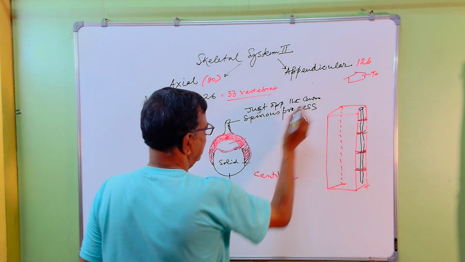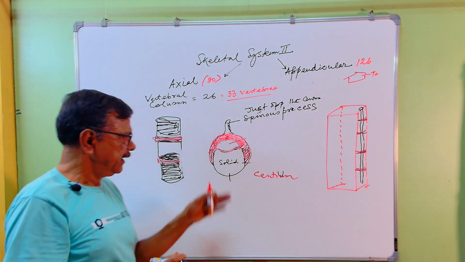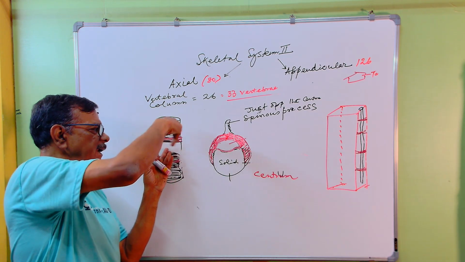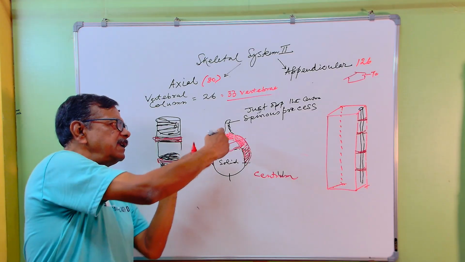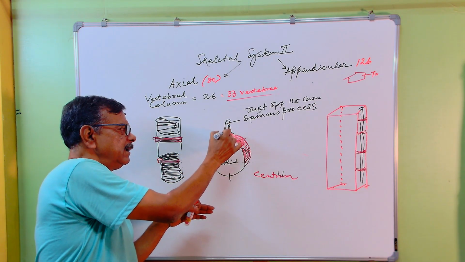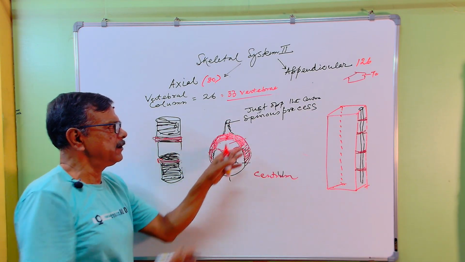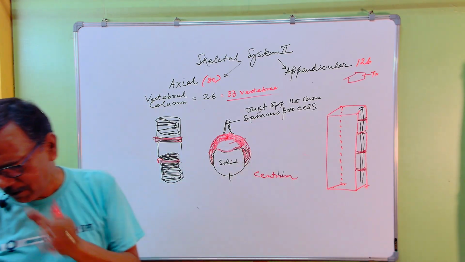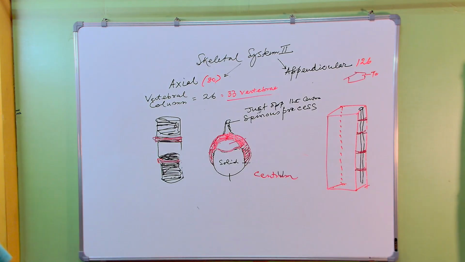So on the back side, after the neural canal, it gives a process. This is the spinous process, sometimes we call it the spine.